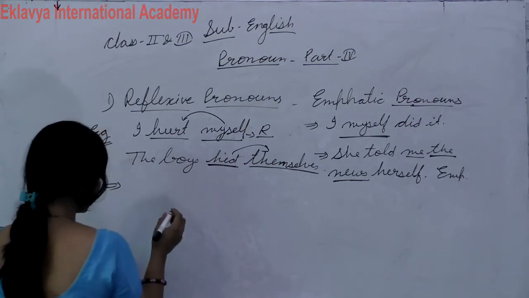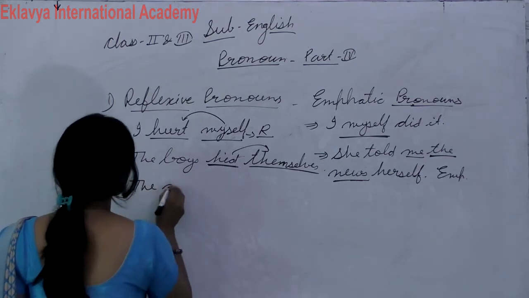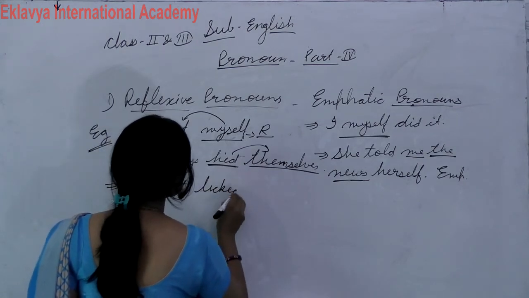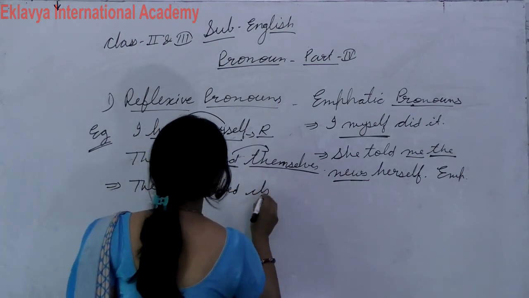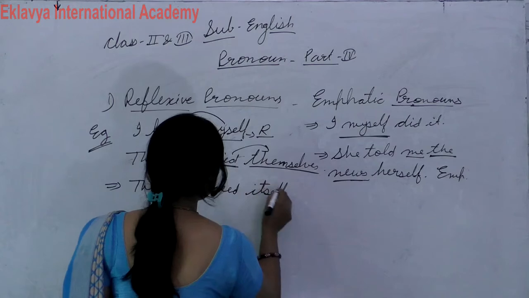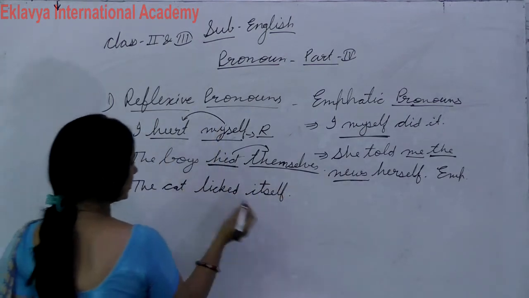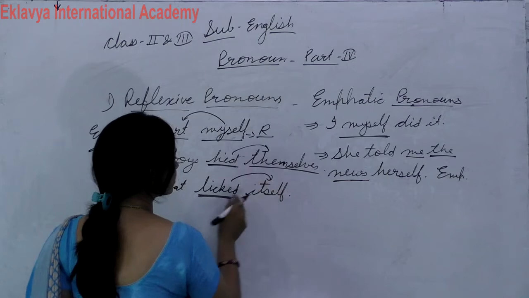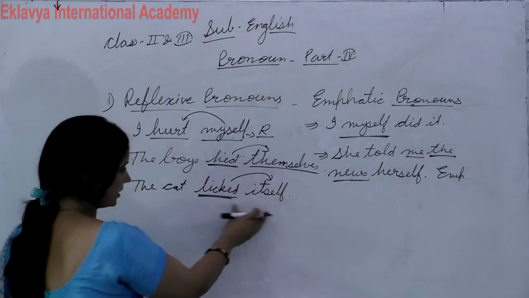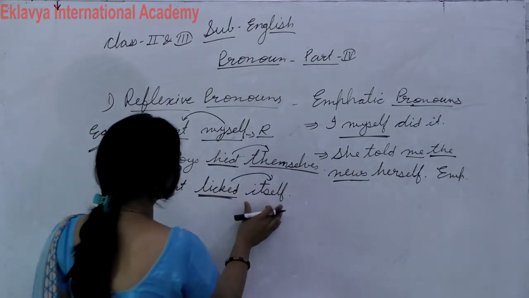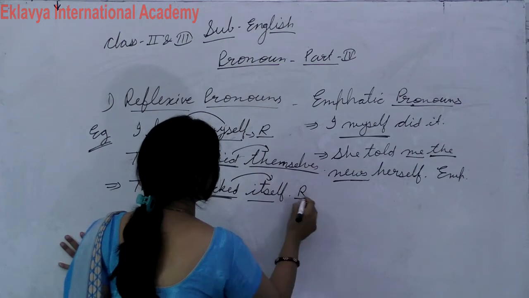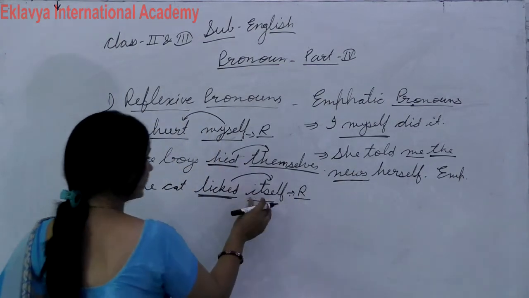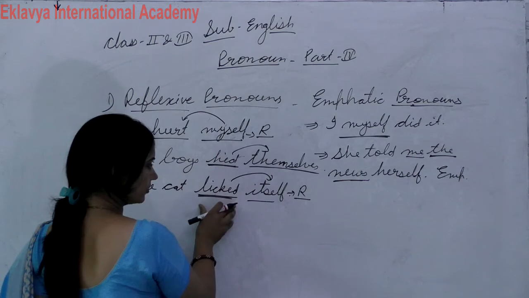See one more example. The cat licked itself. Here you can check, this is the verb and itself is used after the verb, so you can say this is a reflexive pronoun, because itself is the object of this verb.